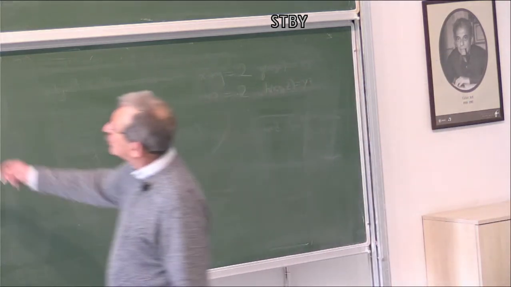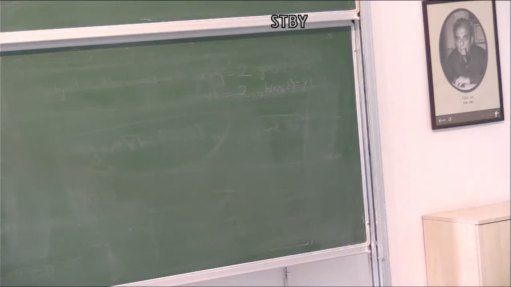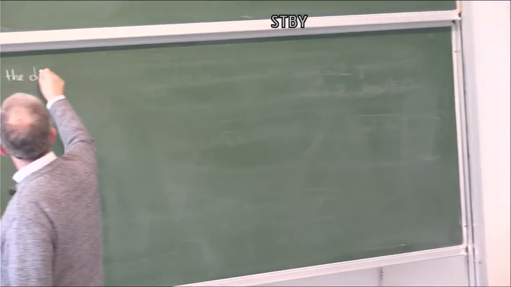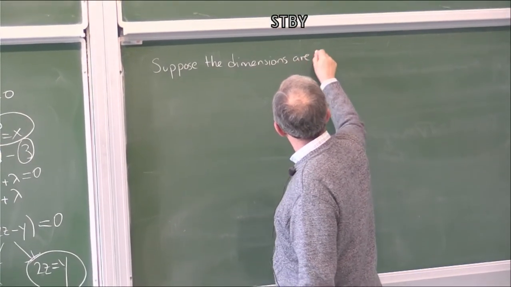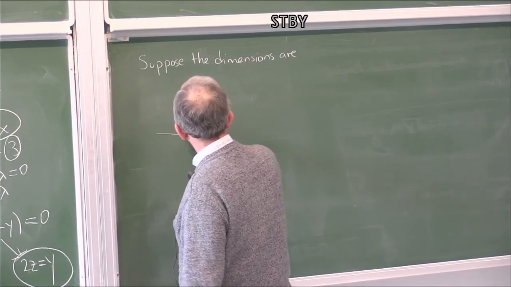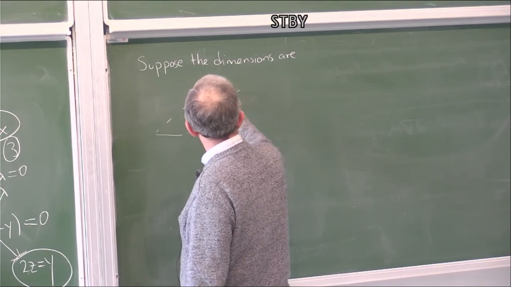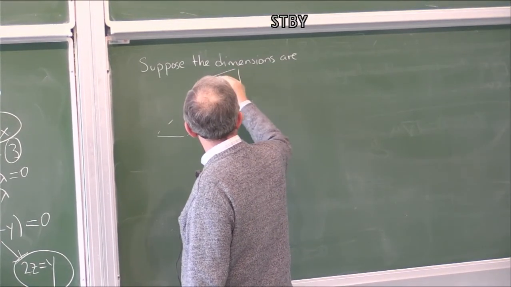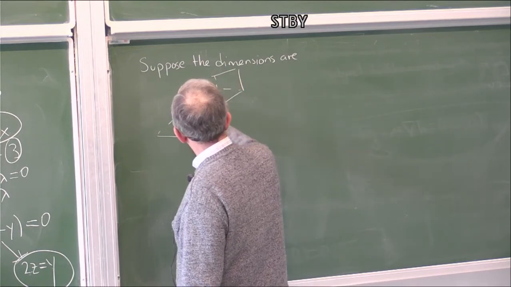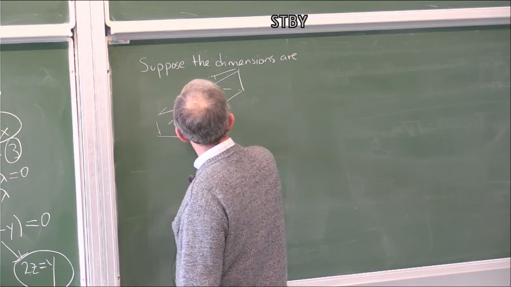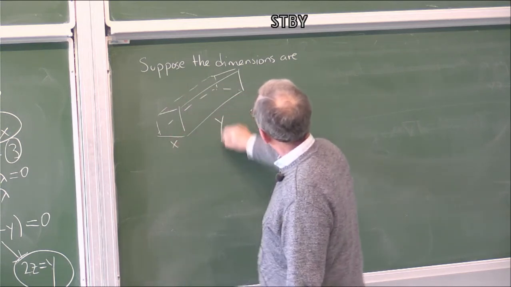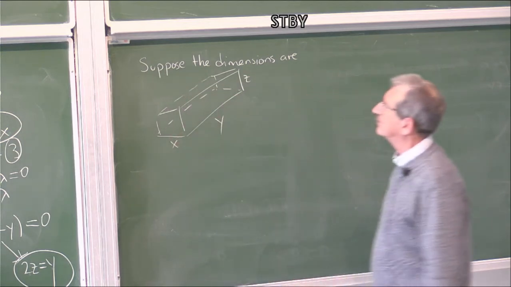So suppose the dimensions are the following. It's a rectangular box. This is X, this is Y, and say this is Z.